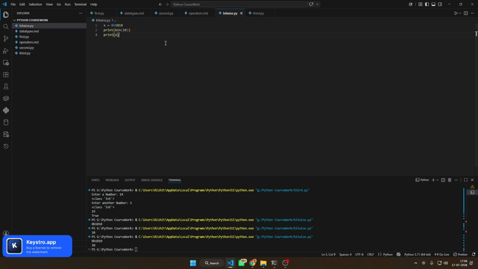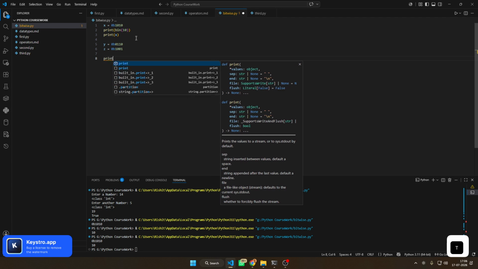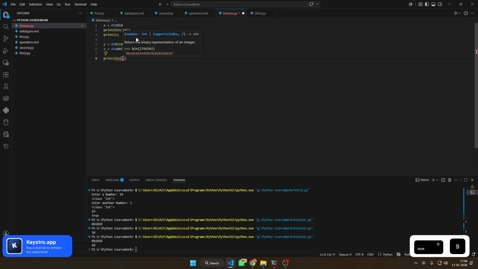So let's see how they work. Let's put y equal to 0b0110, and let's put z equal to 0b1001, and let's print the binary version of y and z.